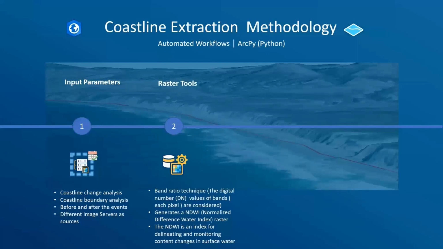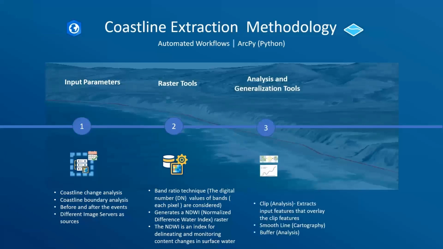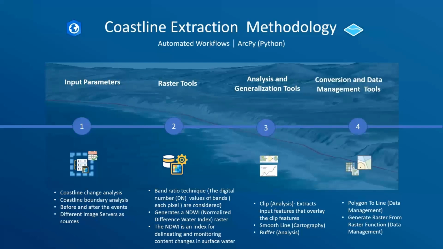And the second component is raster tools. So basically, this extraction methodology is mainly using a band ratio technique to generate a normalized difference water index. Using that, the main component of this extraction, using this generated NDWI, we are doing further analysis and generalization tools from ArcGIS Pro, example clip, smooth line, buffer tools, and also a few other tools like polygon to line, generate raster from raster function.